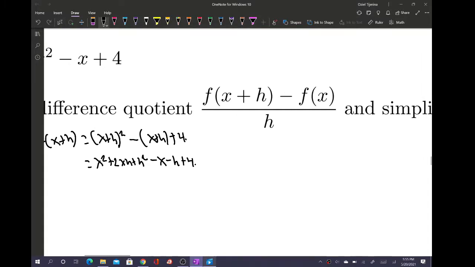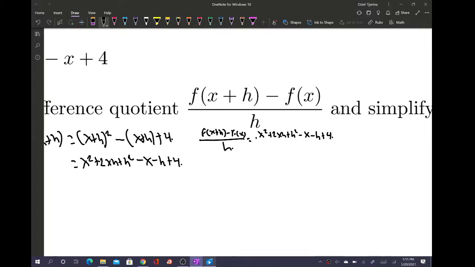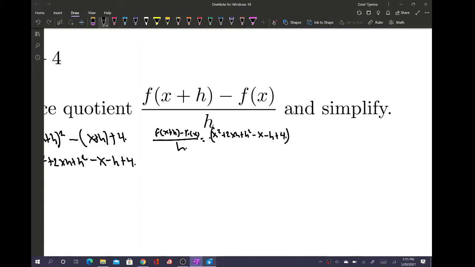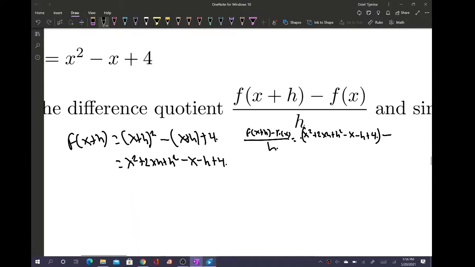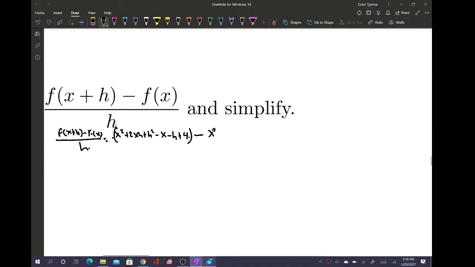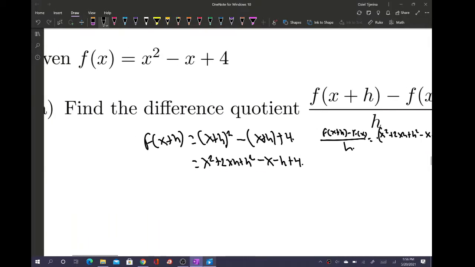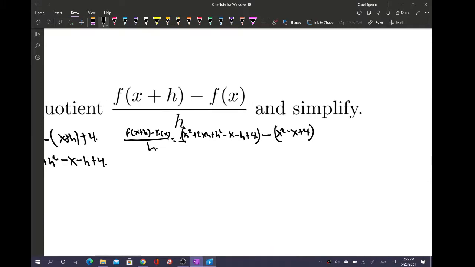So if we do [f(x + h) - f(x)] all over h, this is going to be x² + 2xh + h² - x - h + 4. And then you do minus whatever f(x) is, so it's (x² - x + 4). You want to make sure you put it in parentheses.